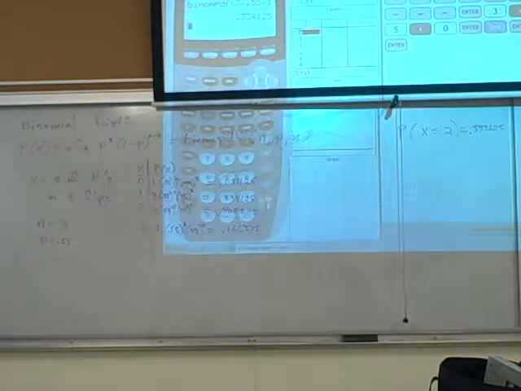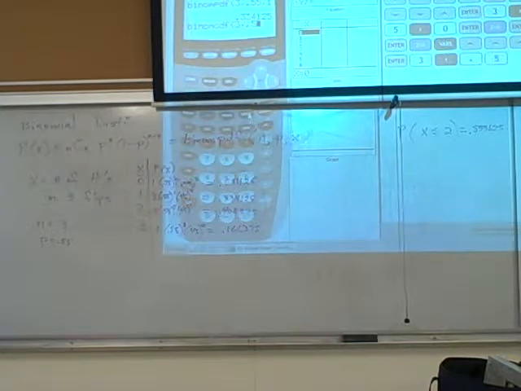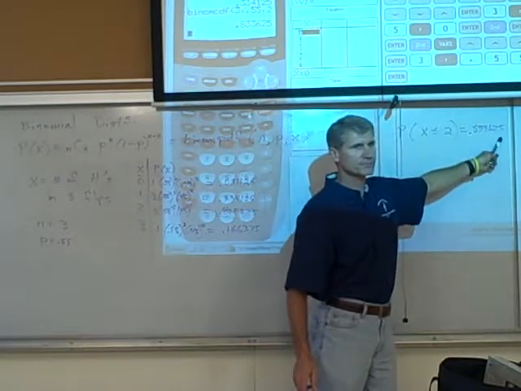So go to the binom CDF, second function vars, and arrow down to binom CDF, and enter 3 for n again, comma, 0.55 for p, comma, the number I want to accumulate up through, and that's a 2. And you get the same number, 0.833625.